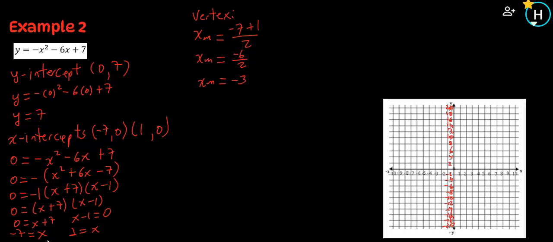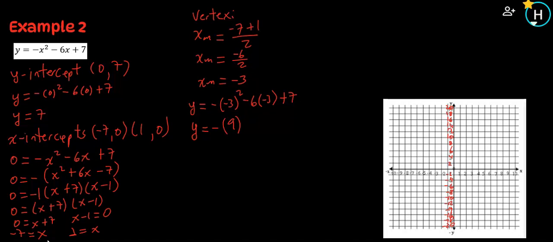Now, to find the value of y for the vertex, we need to substitute the value of negative 3 in the equation. Y equal negative 3 to the second power minus 6 times negative 3 plus 7. And solve. Negative 3 to the second power is 9.